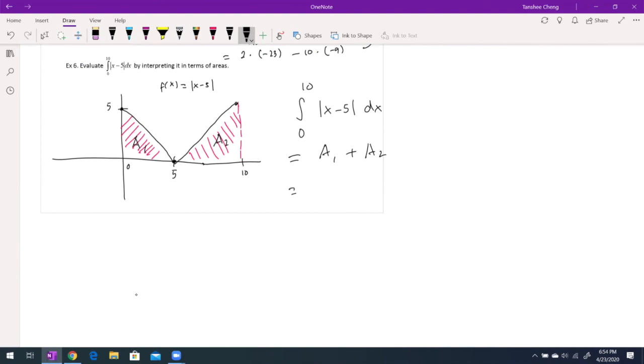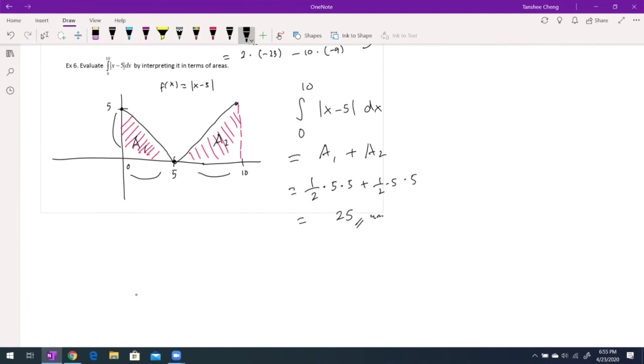What is area 1? The triangle: 1/2 times my base, which is 5, times my height, which is also 5. Plus, same thing, 5 to 10 is also 5, so 1/2 base times height. That is 1/2 of 25 plus 1/2 of 25, which is a full 25 square units.